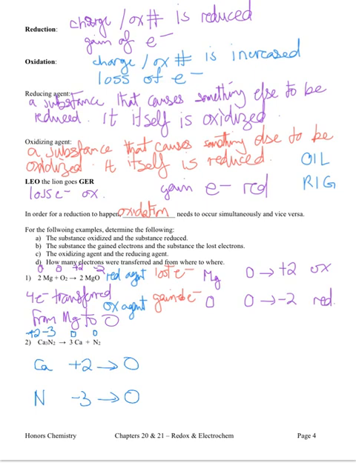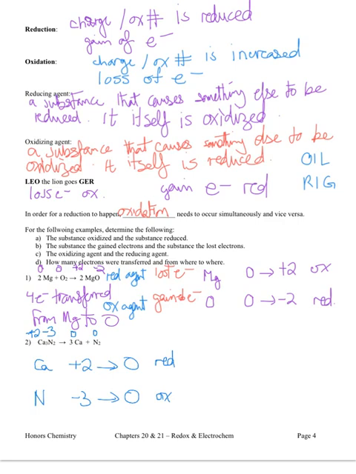So the one that got reduced would be the calcium. It went from +2 to 0. It got smaller. The oxidation would be the one that got higher, that increased. That would be the nitrogen going from -3 to 0. So the calcium got reduced, the nitrogen got oxidized.